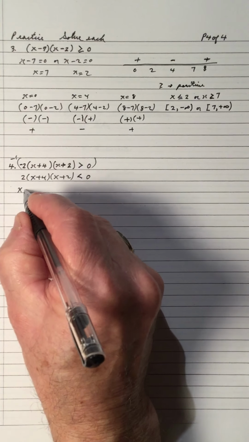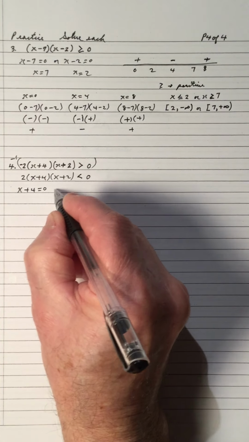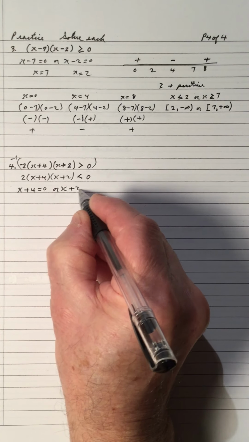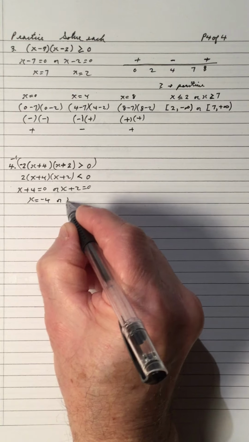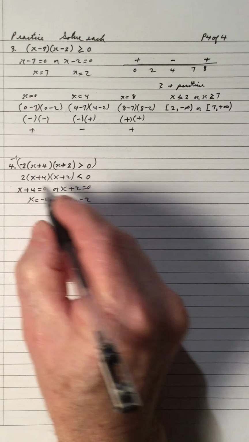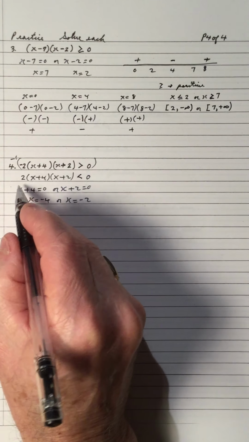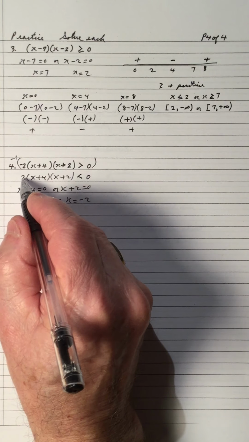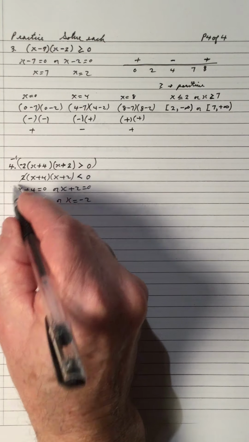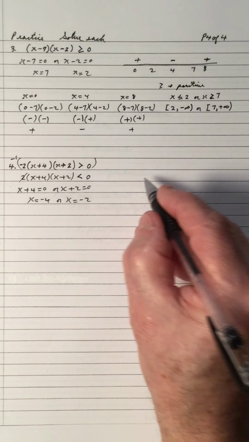So the zeros are x plus 4 equals 0, or x plus 2 equals 0, so x equals -4, x equals -2. Notice you can't say 2 equals 0, so the zeros are only what's in the brackets, and you ignore the 2.